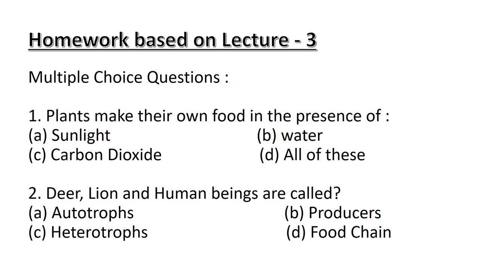Option A, autotrophs. Option B, producers. Option C, heterotrophs. And option D, food chain.